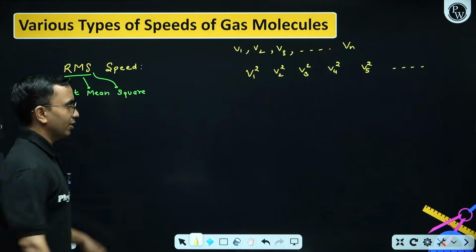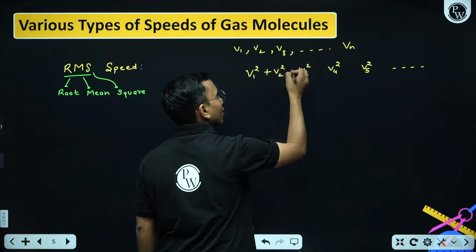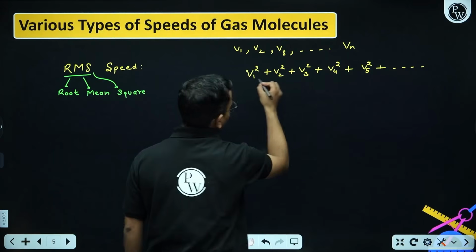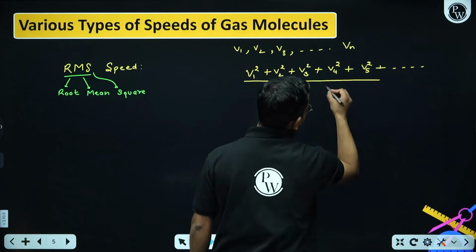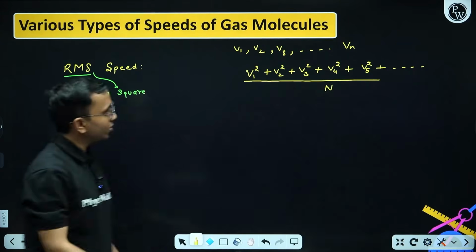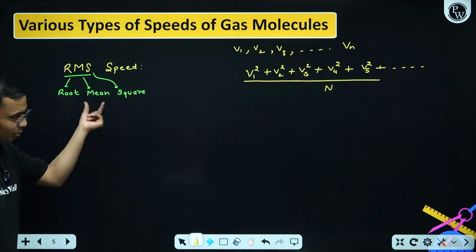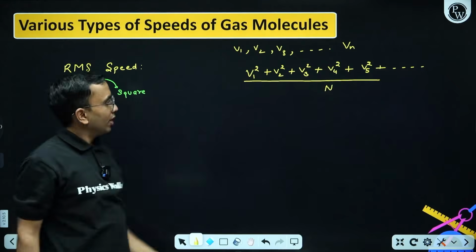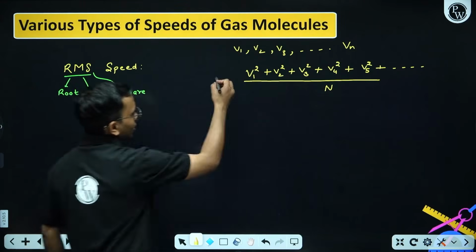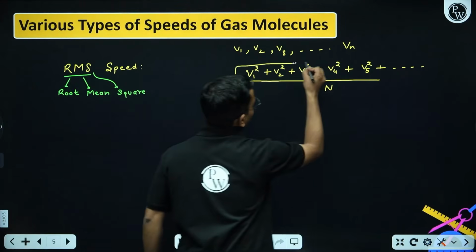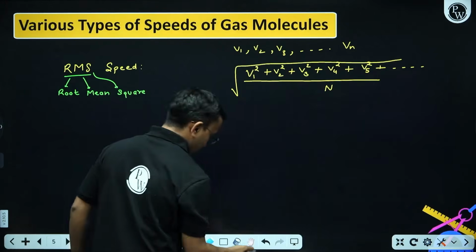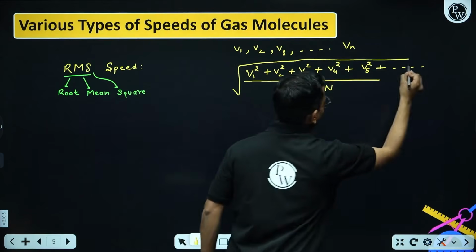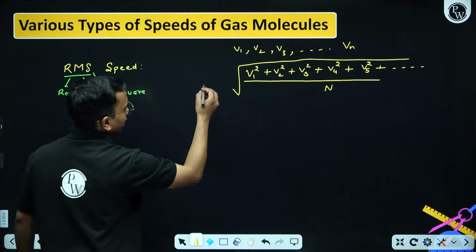Then take the mean, so add them and divide by the number of particles or molecules. So the square mean we did, this is the mean square. Now take the root of this. So what is it now? This becomes my RMS velocity.